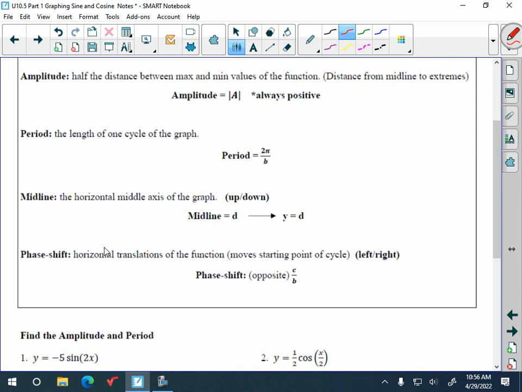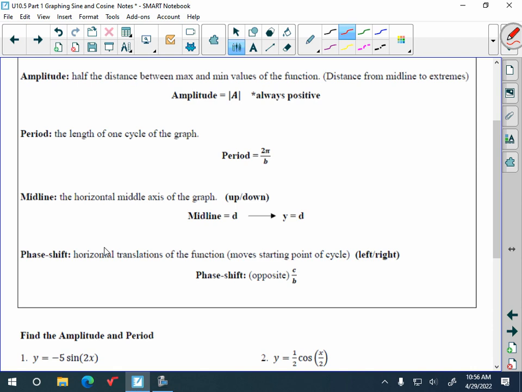All right, and then we have phase shift. So that's shifting left and right. They call it a phase shift in trig. Instead of saying shifting left and right, we call it the phase shift. So to get that phase shift, to figure out how far it's shifting left or right, we're going to do the c value divided by the b value. And you got to remember to do the opposite sign, because if it's a negative inside, a subtraction, we do the opposite.